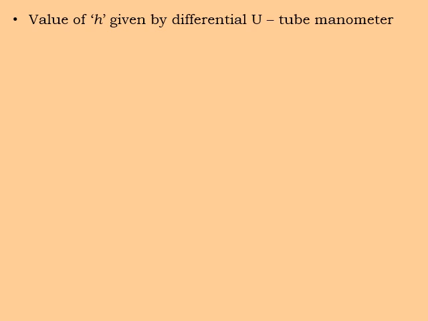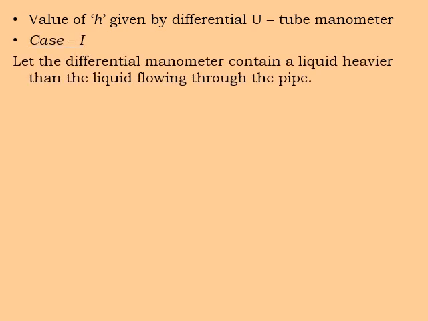Now the value of H, the pressure head, is given by the differential U-tube manometer. Case 1: let the differential manometer contain a liquid heavier than the liquid flowing through the pipe. That means the light liquid is flowing through the pipe and the heavier liquid is used in the manometer.